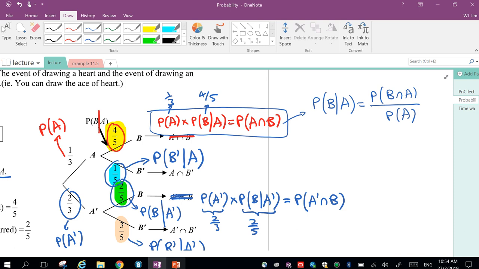A intersect B is the same as B intersect A, so in this form it's easier to remember. This is the general formula that I'm pointing to.